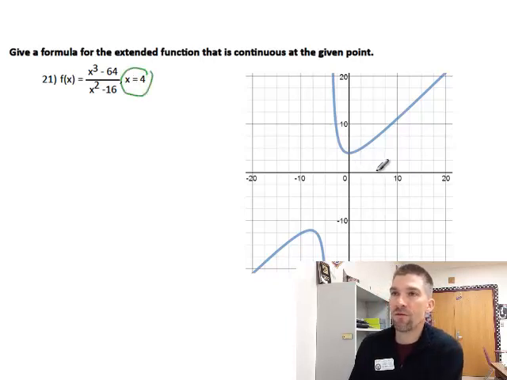So what I'm going to do is factor the top, and this is a cube minus a cube. And if you are factoring and you have a cube minus a cube, it factors this way.